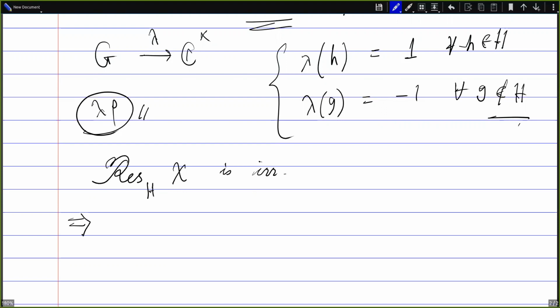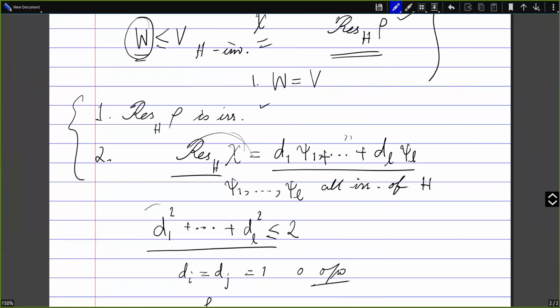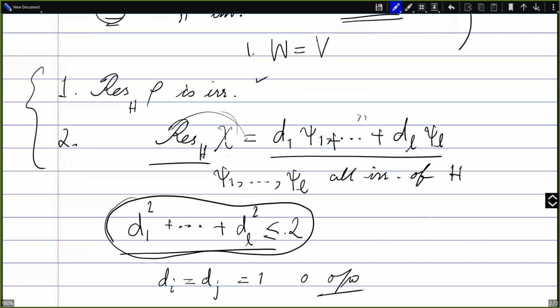So if this is irreducible, then you see, here we can never have equality, right? Because this side has to be 1.